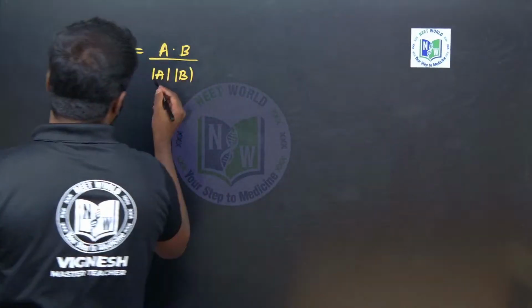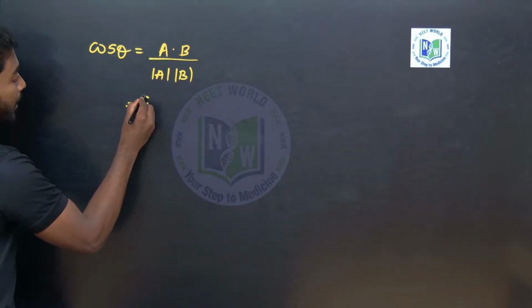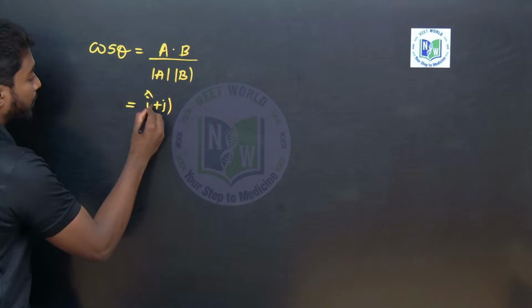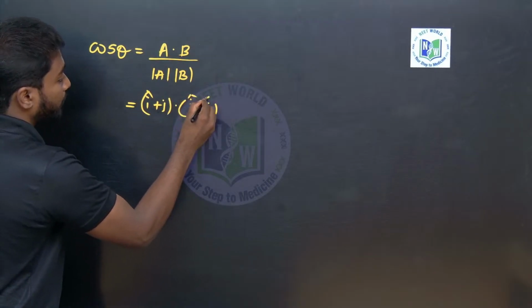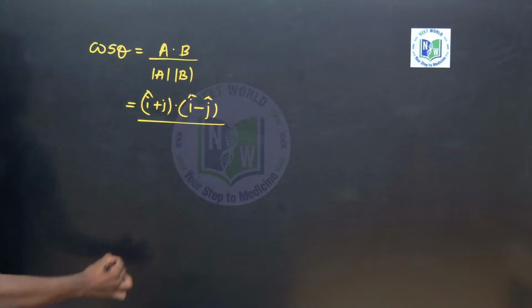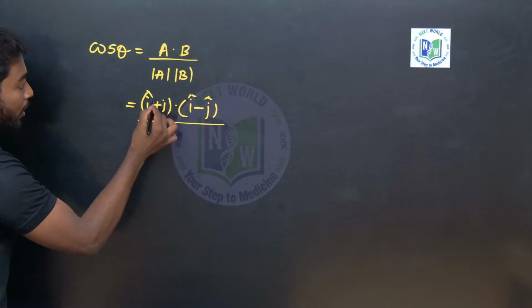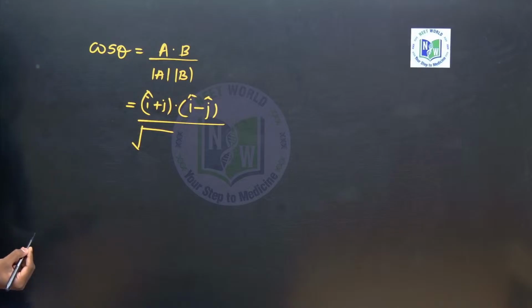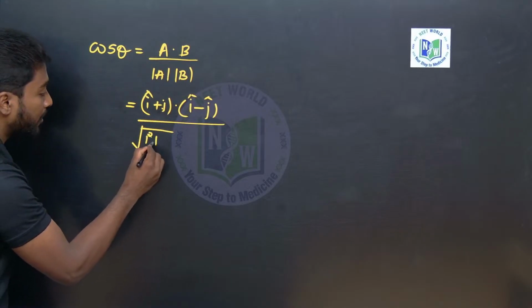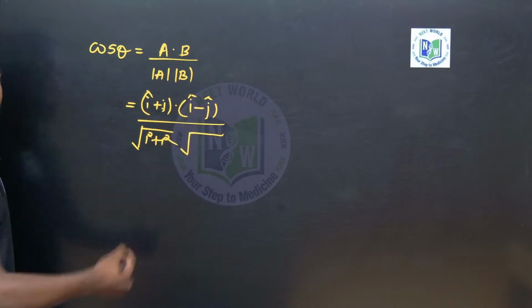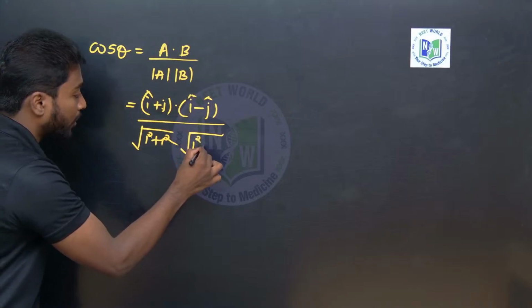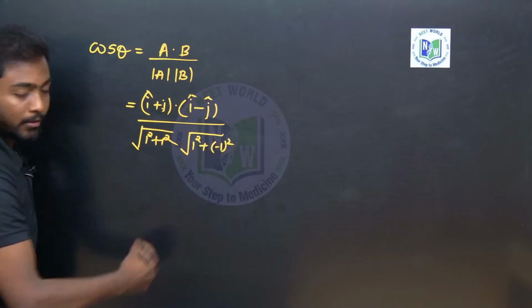The dot product is (i cap plus j cap) dot (i cap minus j cap), and modulus of A means under root of 1 square plus 1 square, same for B, it is 1 square plus minus 1 the whole square.